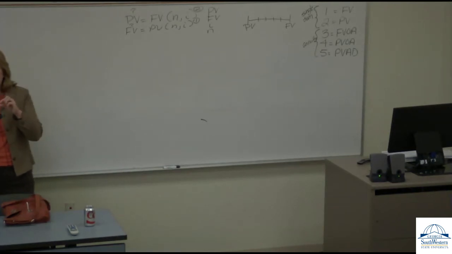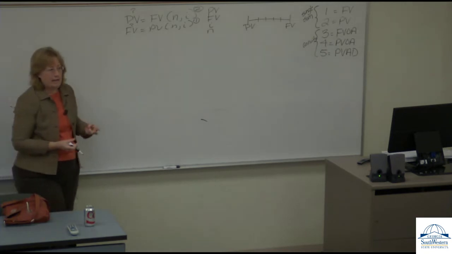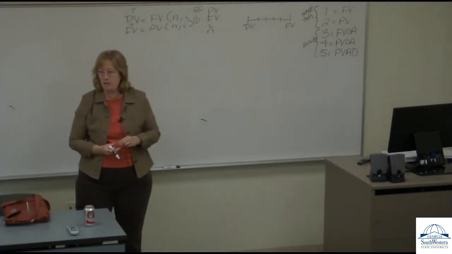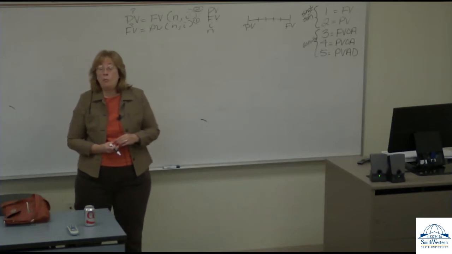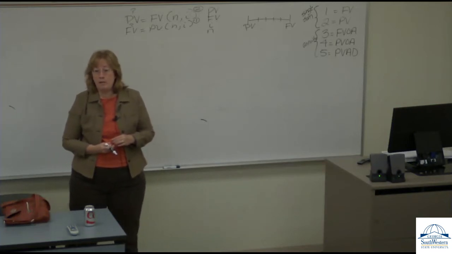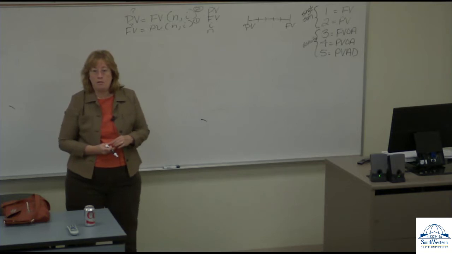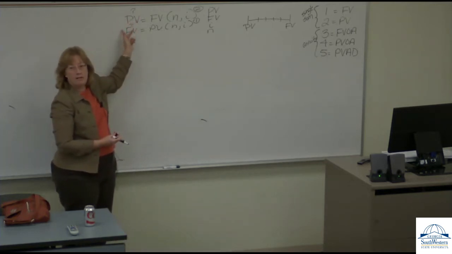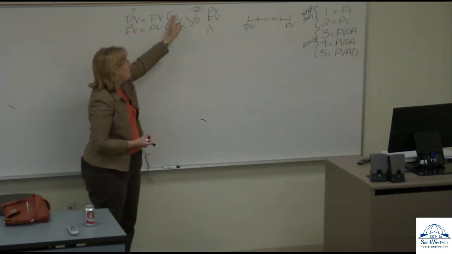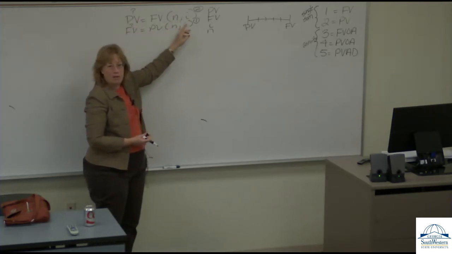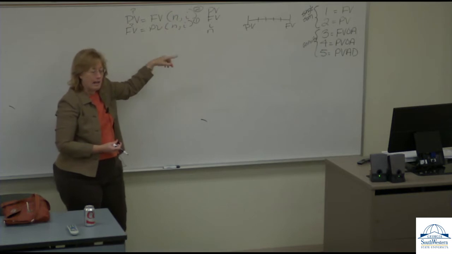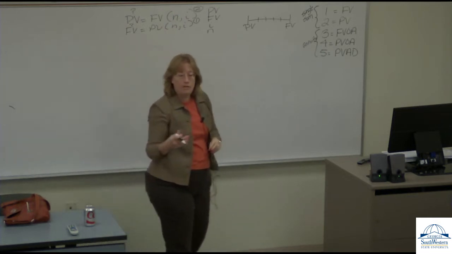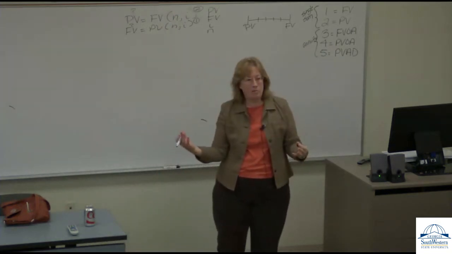Then if we don't know the N or the I, what do we do in those situations? How do you set the problem up? Which one of these 2 ways? Either one, and then one of these is going to be a question mark, either the N or the I, and then you'll either have to divide, or it's going to be like an algebra problem.